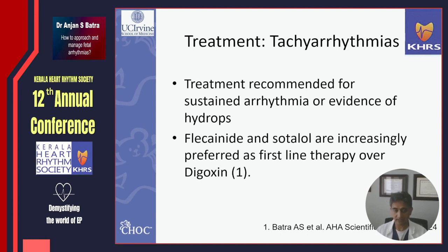But more and more, including the latest guidelines that came out this year, are recommending that either flecainide or sotalol be the first-line therapy over digoxin. So the American Heart Association scientific statement that came out in 2024, and I will show you the reference in the preceding slides, which you can go over in more detail, recommend flecainide or sotalol over digoxin as first-line treatment for reentry supraventricular tachycardia.